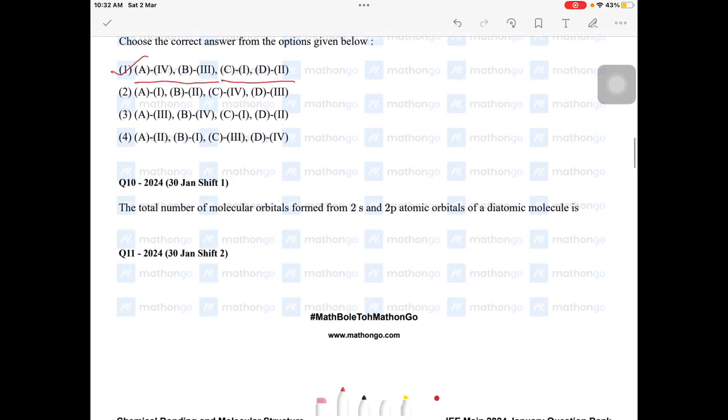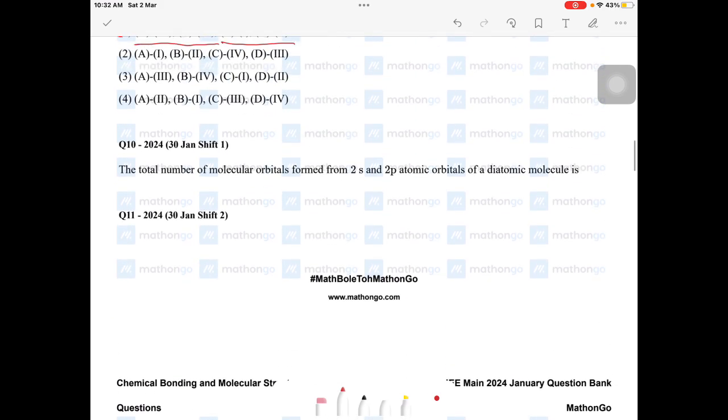Next one, 10th question. The total number of molecular orbitals formed from 2s and 2p atomic orbitals.